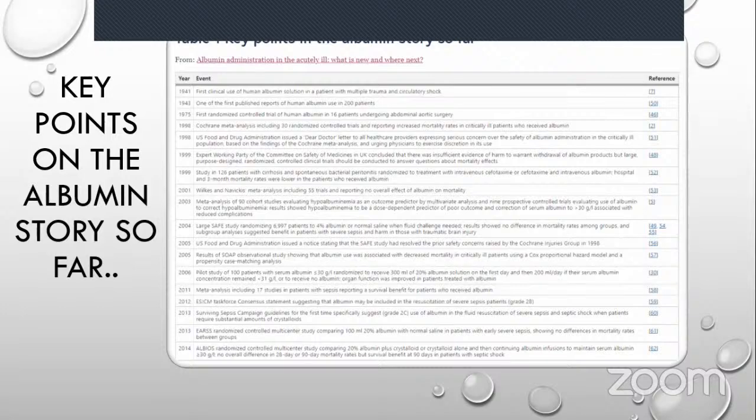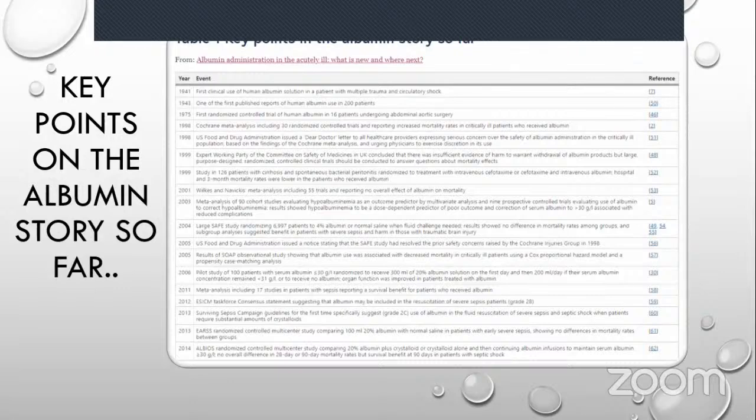After that, they started doubting the role of albumin. Between 1975 and 1998, the first meta-analysis of about 30 trials in critically ill patients found increased mortality in those who received albumin. This led to reduced use of albumin by about 50% in most ICUs. A study done in the UK showed this reduction.